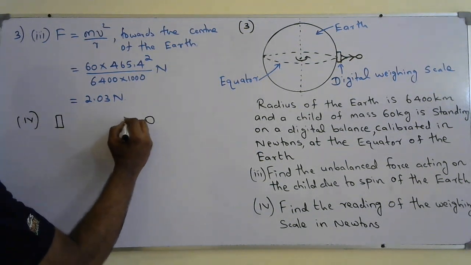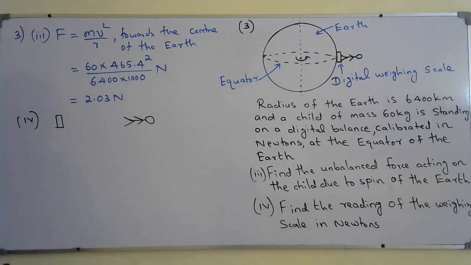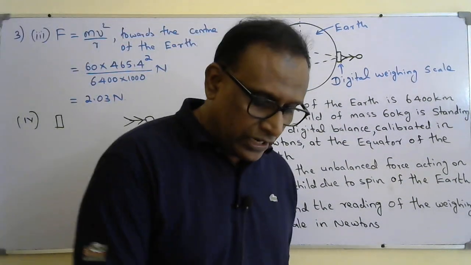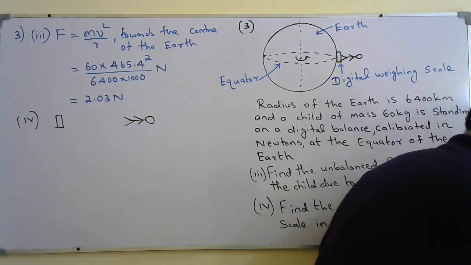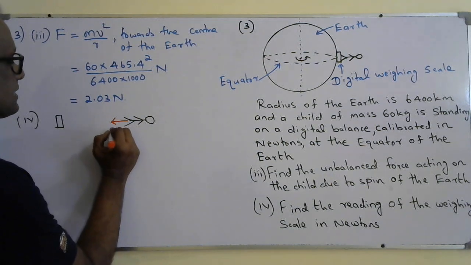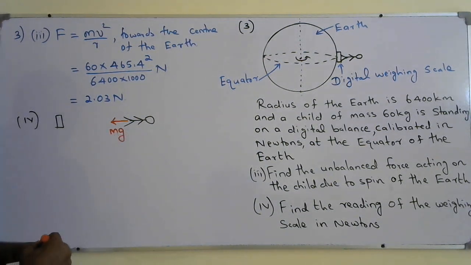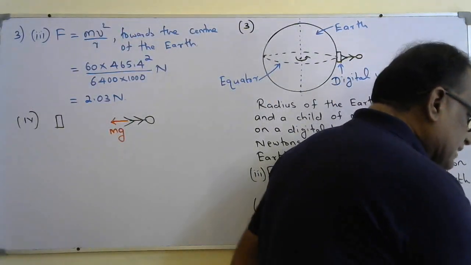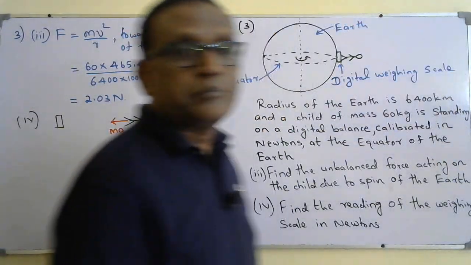If I draw this way exactly on the equator, the child will have the weight. Earth will pull the child towards the center, that is due to gravitational effect. The child will have force towards the center, that is the weight first. Then the child will push the weighing scale and exert a force on it, that is the contact force, that will be read by the weighing scale.